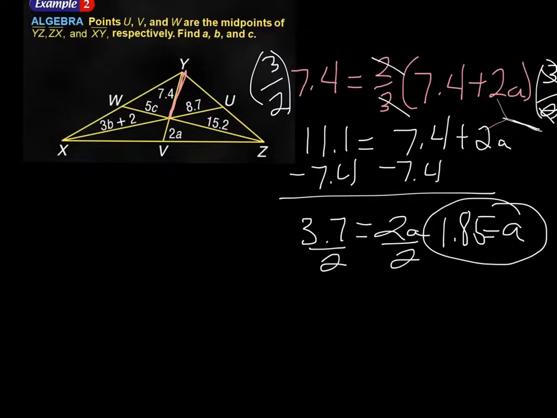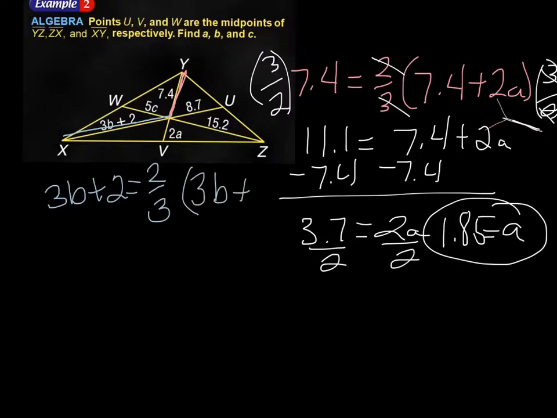So looking at B, 3B plus 2 is our 2/3 this time. 3B plus 2 is 2/3 of the whole length. So the whole length of XU would be 3B plus 2 plus 8.7, which would be 10.7.